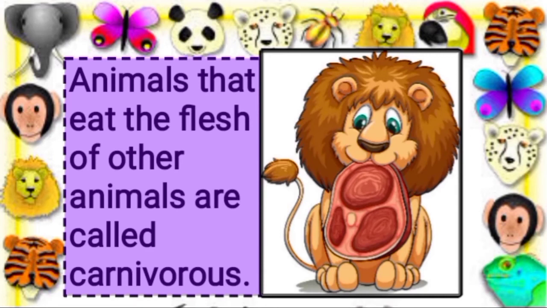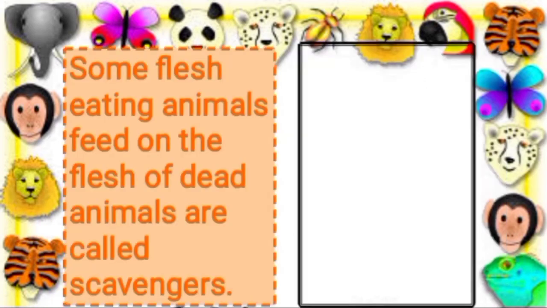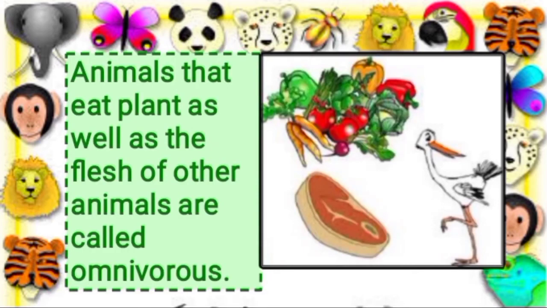Lion, tiger, snake and lizard are examples of carnivorous animals. Now let's understand omnivorous, which is the third type of group. These are animals that eat plants as well as the flesh of other animals. Human beings are also omnivorous.